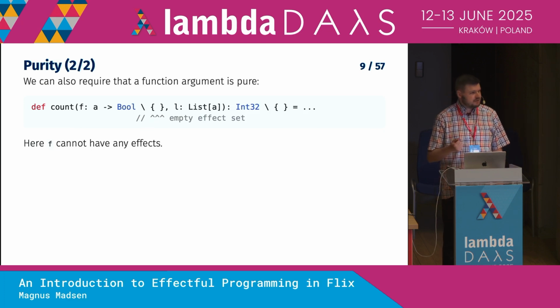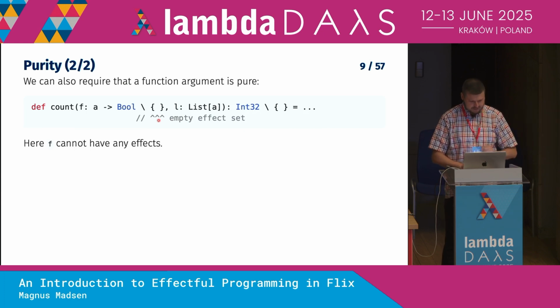There can be different reasons. One could be that maybe we want to be able to evaluate this in parallel. Then it wouldn't be good if there were side effects because their order could get messed up. Another reason could be that if we have some collection that doesn't have a stable ordering inside, like a hash set, we might want to not leak that detail. So there can be different reasons for enforcing or requiring purity.